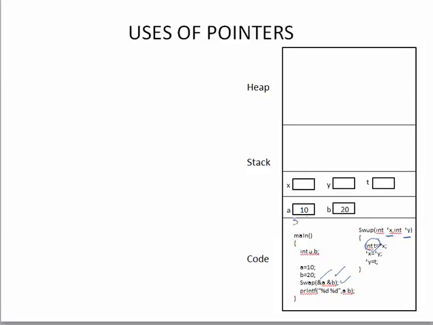If the address of a is 500 and this is 502, then the addresses will be passed to x and y. So these x and y are pointers pointing to these variables of main. Using these addresses, swap can swap the values of a and b. So swap is indirectly accessing the variables of main. So pointers are used for indirectly accessing the variables of other functions.